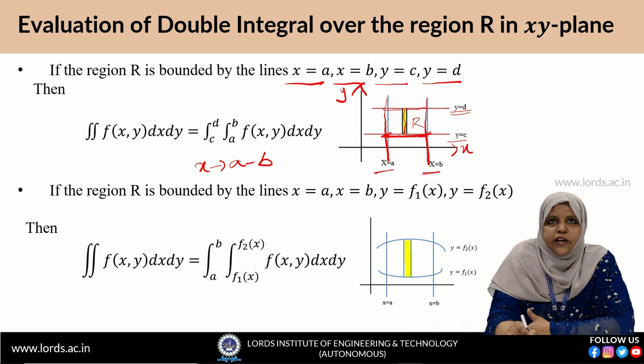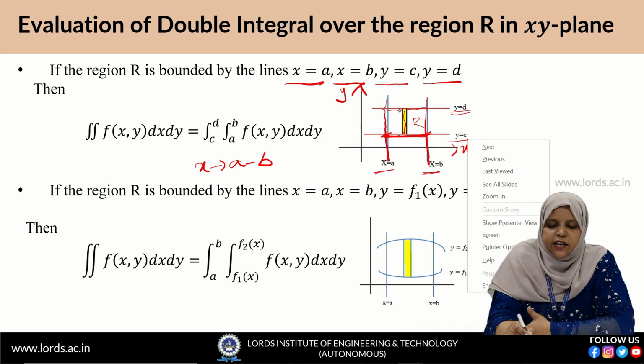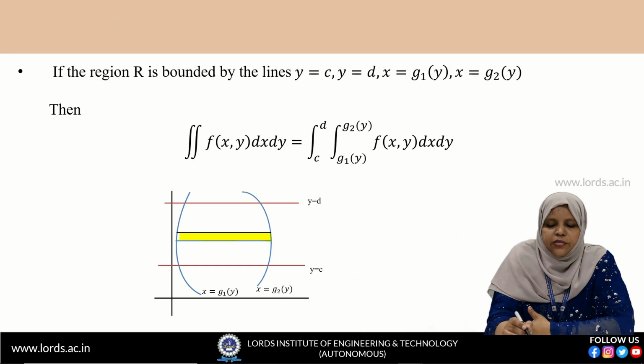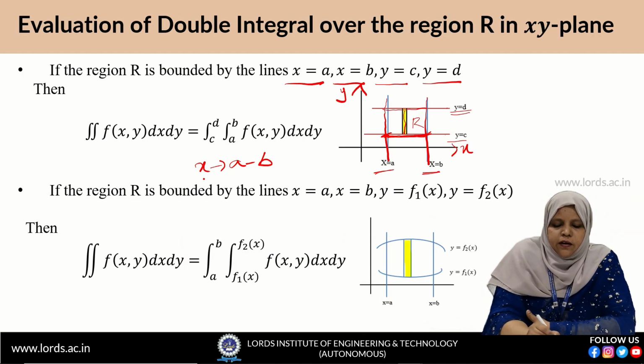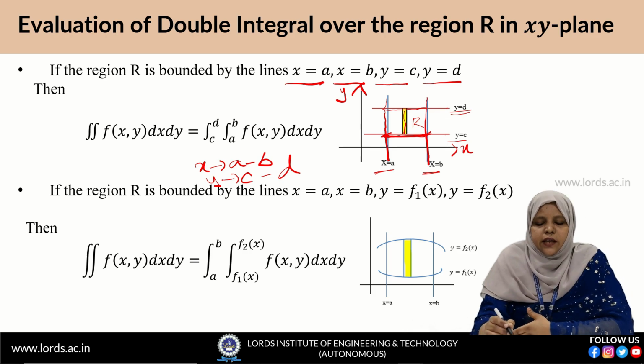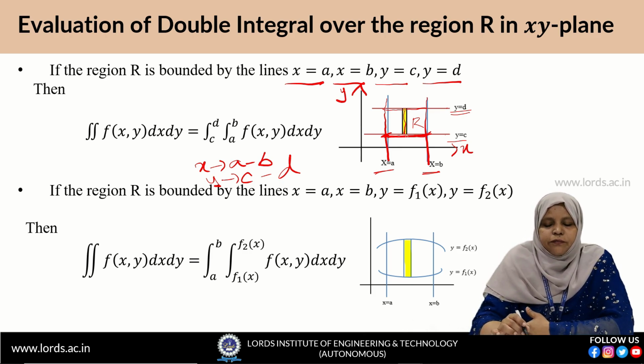I have placed the lower end of the strip on the line y is equal to C. And where is the upper end of the strip? On the line y is equal to D. So here, how is y changing? Y is changing from C to D. Okay. Understood? How are we finding out the limits in the region R?